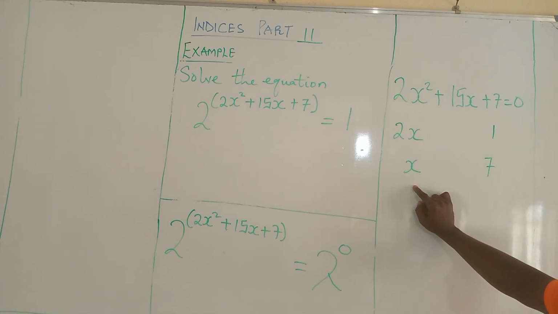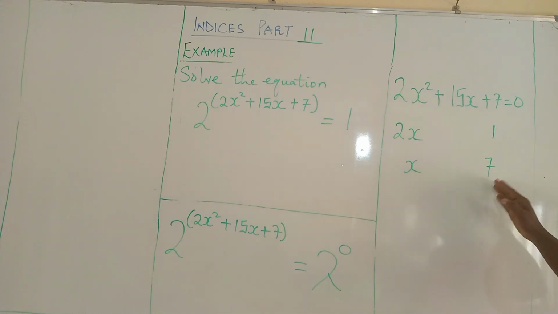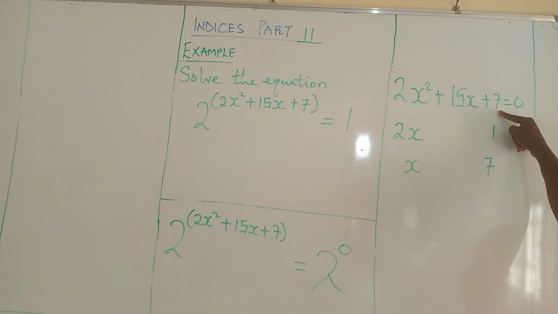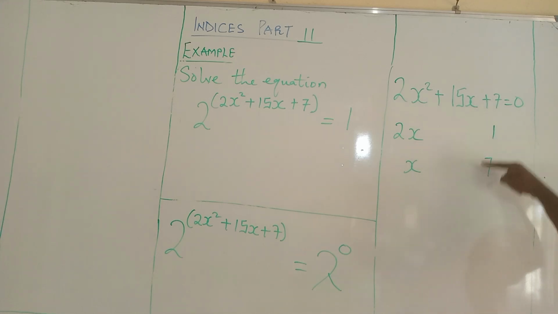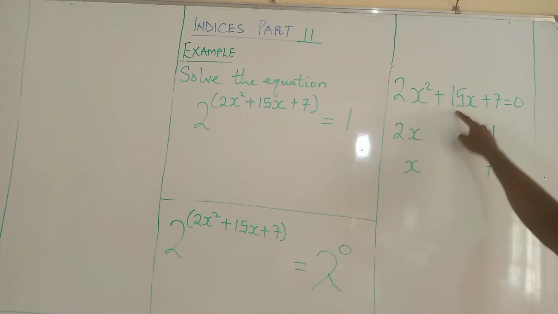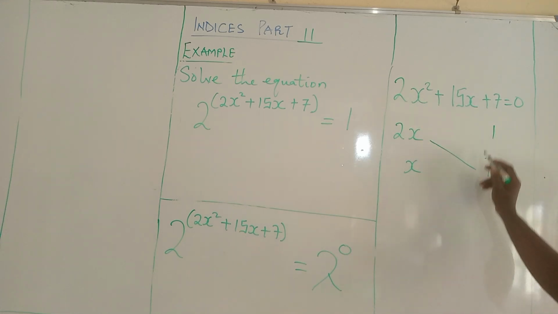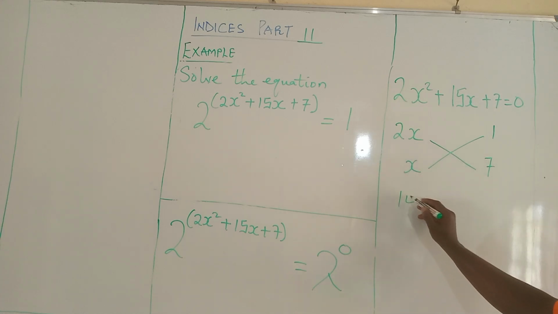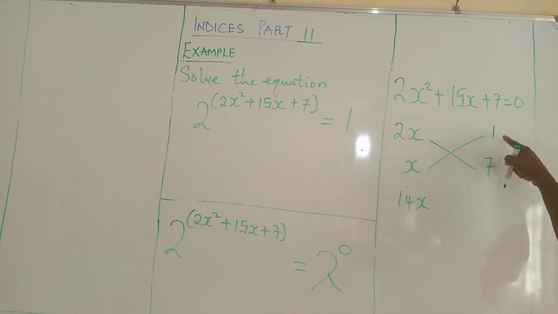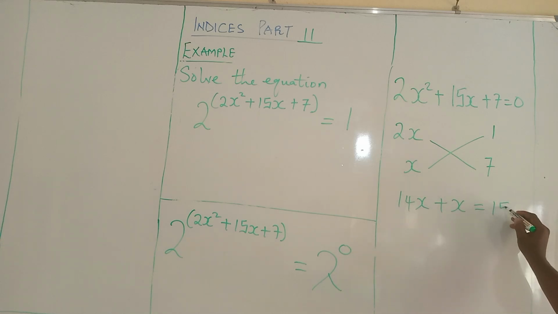So the condition is two numbers that when you multiply, you have what is here. They must be such that when you cross multiply and add, it will give you the middle term. So the way you arrange it matters. If I cross multiply this, I'll have 2x times 7, that will give me 14x. x times 1, that will give me x. So look at it. When you add that, it will give you the middle term.